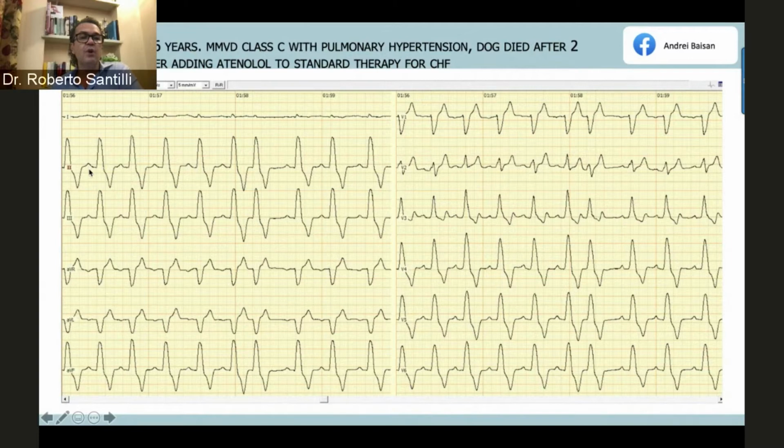So when you have atrioventricular association, it's enough to consider a supraventricular rhythm conducted with either anatomical bundle branch block or functional bundle branch block or aberrancy. Since you rule out changes of the morphology of the QRS complex related to changes in the rate, this is an anatomical intraventricular block.